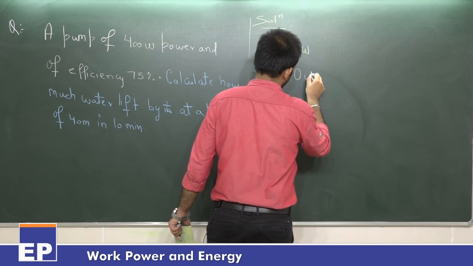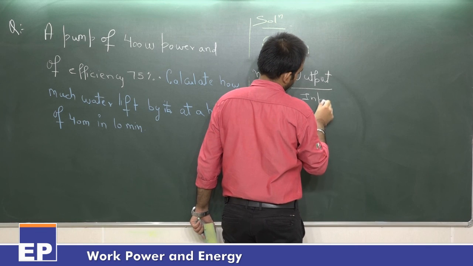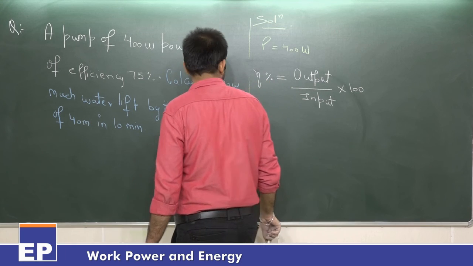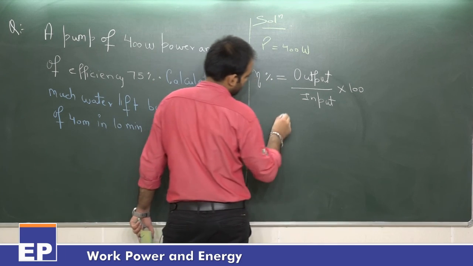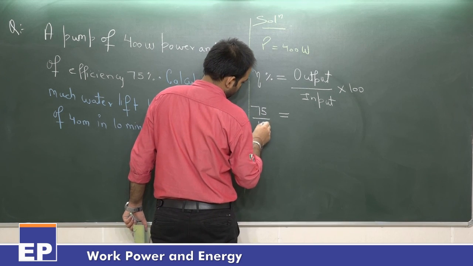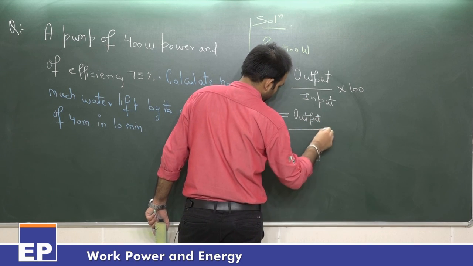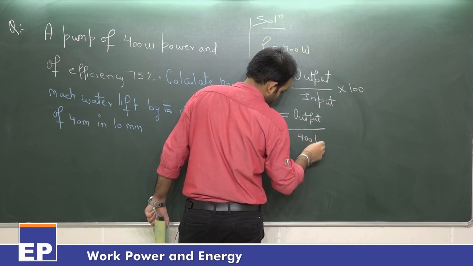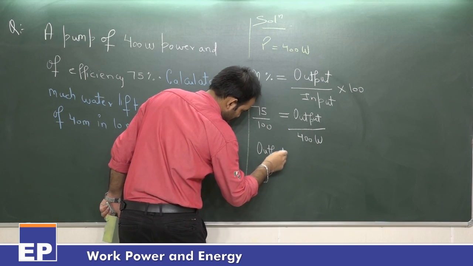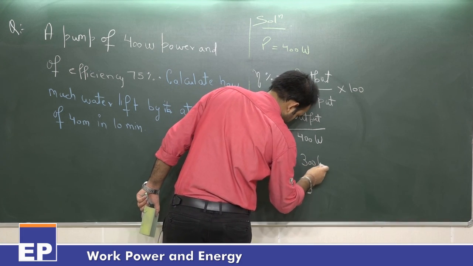This is output power by input power into 100. Right? Now what is the output? 75% is there. Output by input, input is 400 watt. So what is the output? 300 watt.